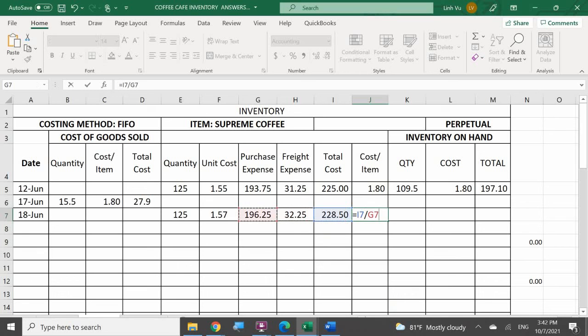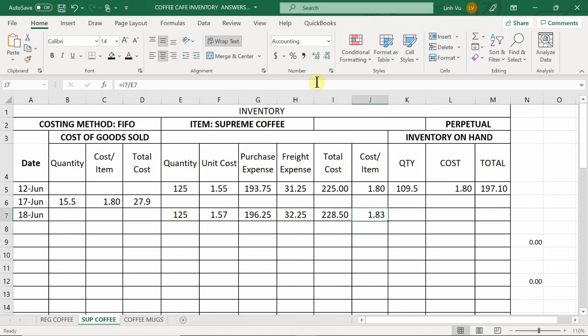And what is it? It's going to cost me $1.83. Okay. Now in this case, if I extend this, I believe it goes beyond that. It's 1.828. Okay.